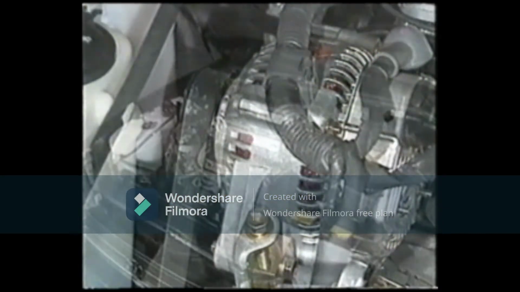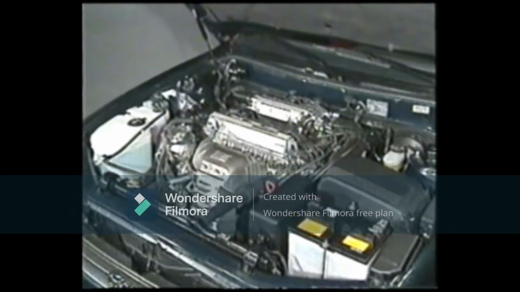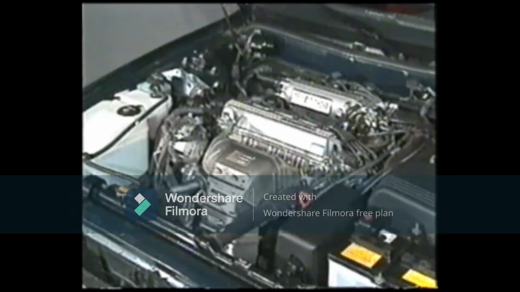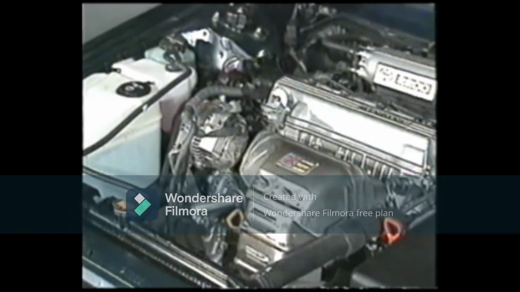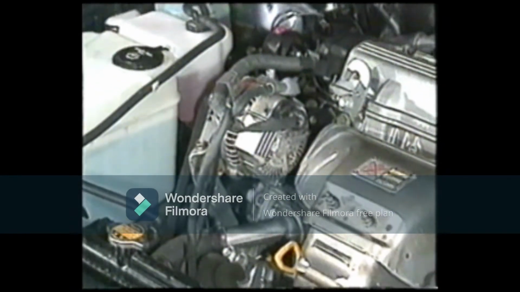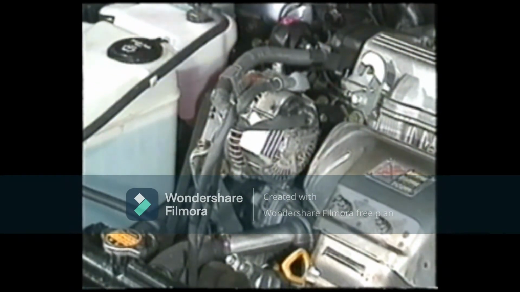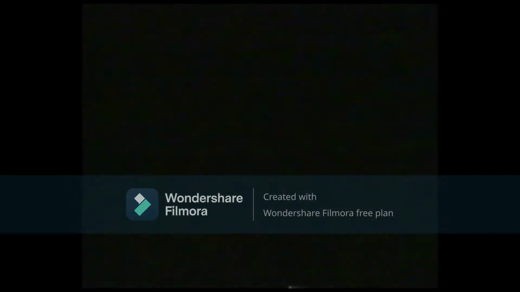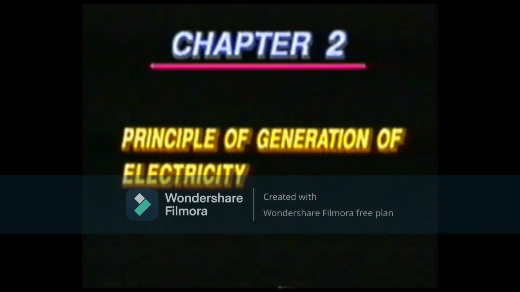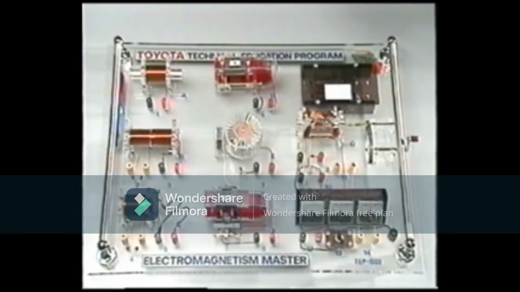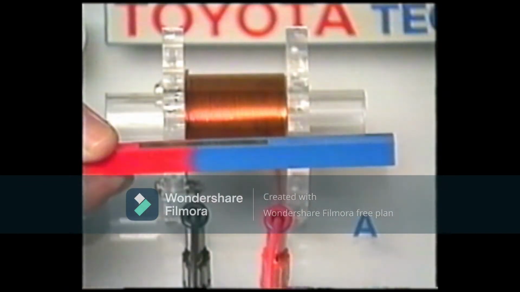How does the alternator generate electricity? We will now explain the principles of the generation of electricity. Here is a magnet and a coil of conducting wire.